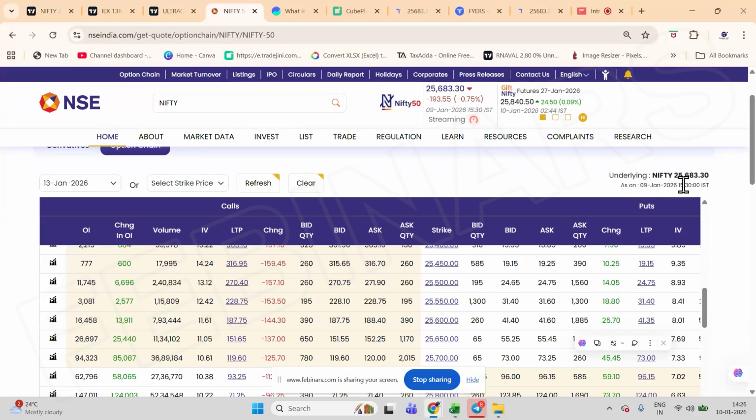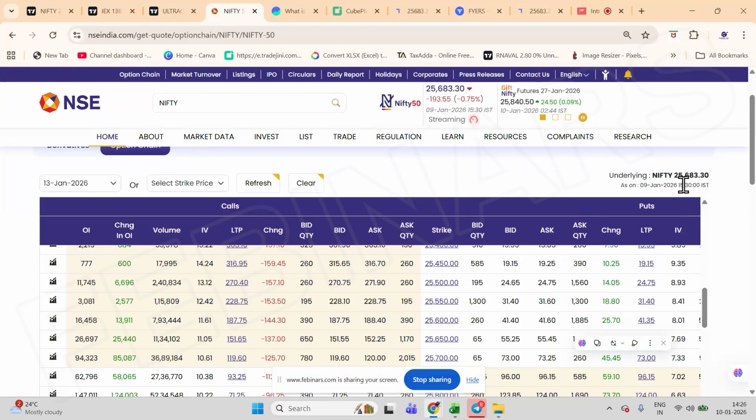Let us discuss the call option. 25,650 and below, whatever is there, those are in the money. 25,600, 25,500, those are in the money options. If the market is trading at 25,700, we call it at the money. 25,750, 25,800, 25,850, 25,900 and so on become out of the money on the call option side.